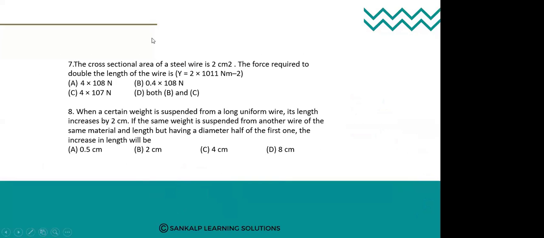See the next question, the 7th question. The cross-sectional area of a steel wire is 2 centimeters square. So here they have given the cross-sectional area.